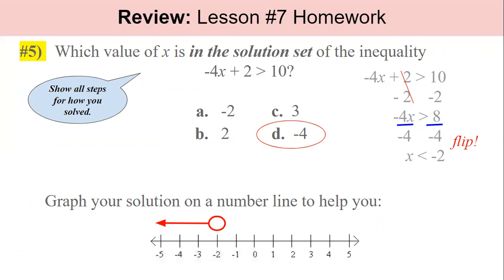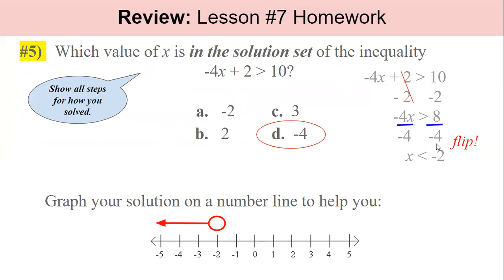And then finally, we have number 5, which a couple of you got stuck on. A couple of you chose A, which was what we anticipated, right? But you have to pay attention to what the solution means, right? So here on the right side, we have the work shown and solved. First, you subtract 2 from both sides. You bring down that negative 4x is greater than 8. Then you have to divide by that negative 4 on both sides.